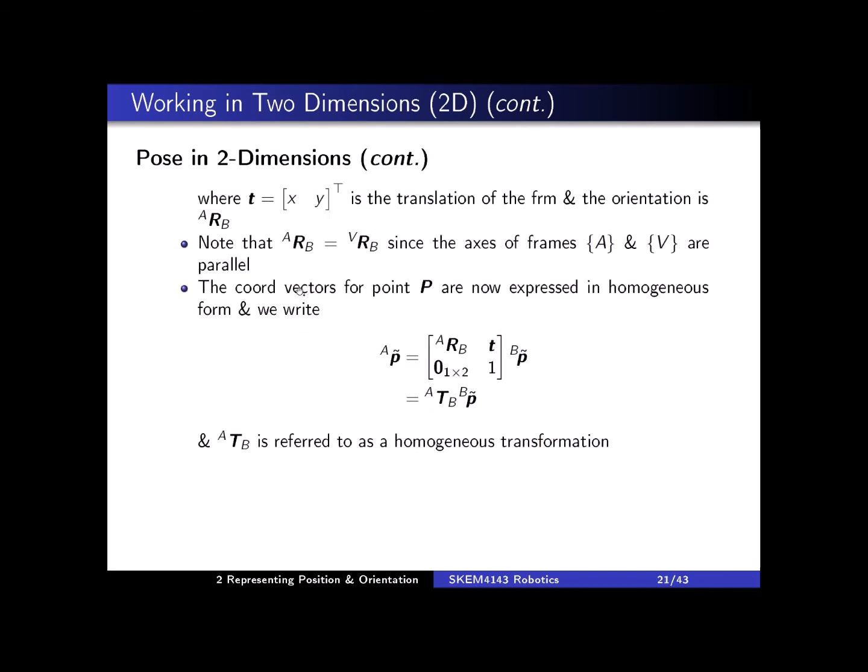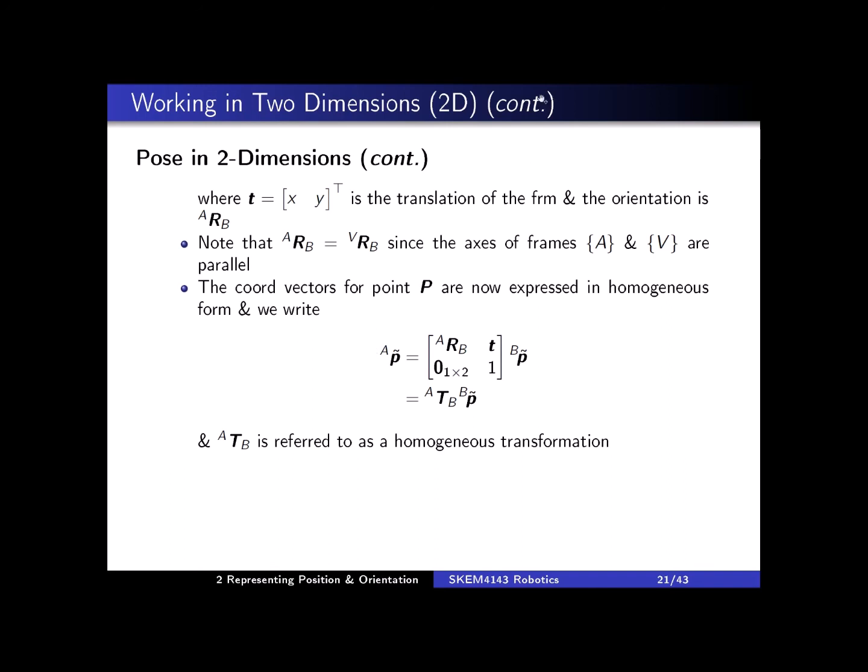So the coordinate vectors for point P are now expressed in homogeneous form, and we write it this way. Instead of PA, we have P tilde A. So we have more symbols. P tilde A is the homogeneous coordinates.